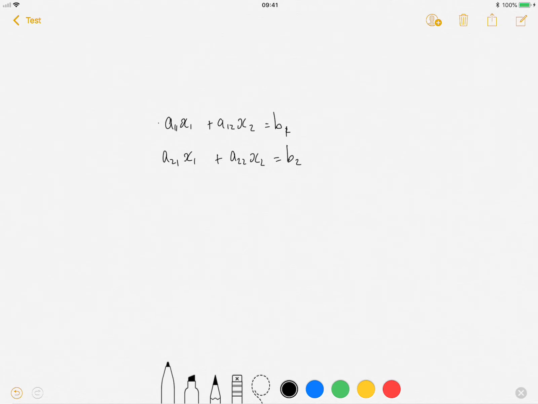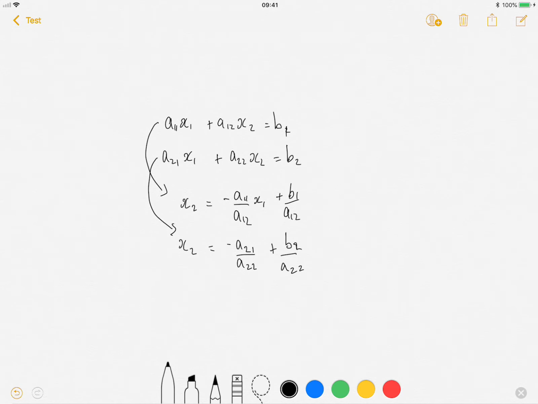So we can take equation 1 and rearrange it in terms of x2 being equal to negative a11 over a12 x1 plus b1 over a12, and we can do the same for our second equation, that is x2 being equal to negative a21 divided by a22 x1 plus b2 over a22.